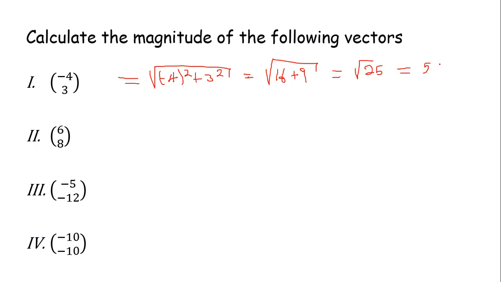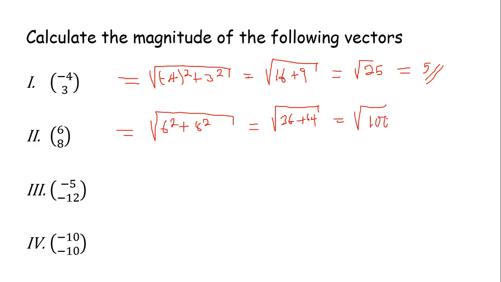That is 5. The magnitude of (6, 8) would be root of 6 squared plus 8 squared. That is root of 36 plus 64. 36 plus 64 is 100, so we shall have root of 100.